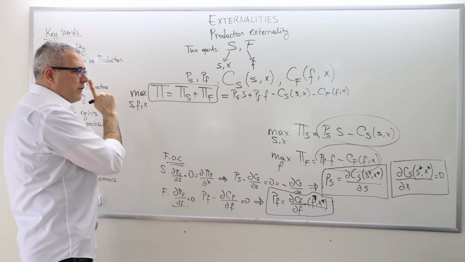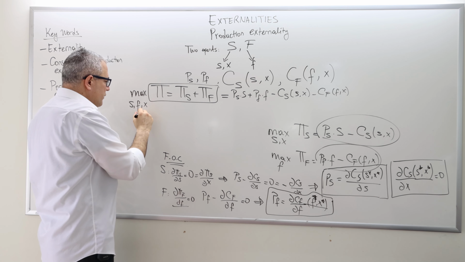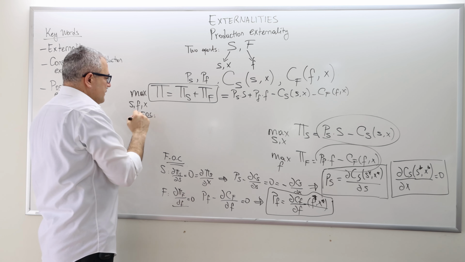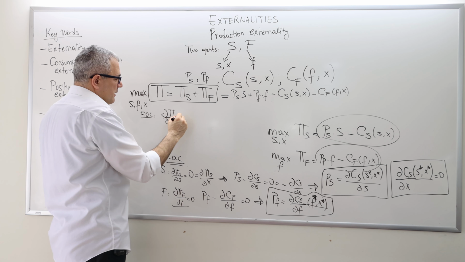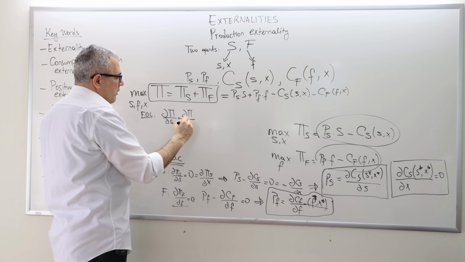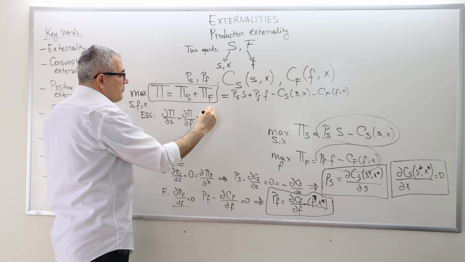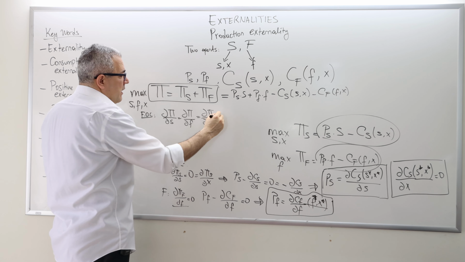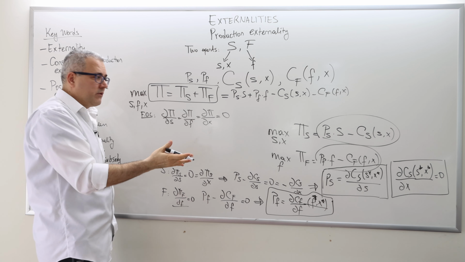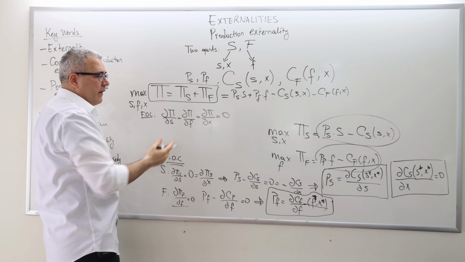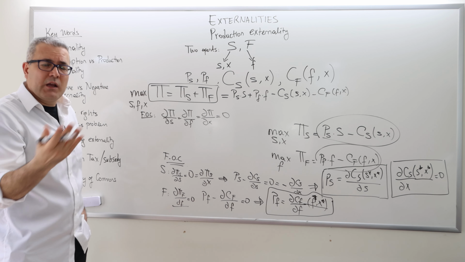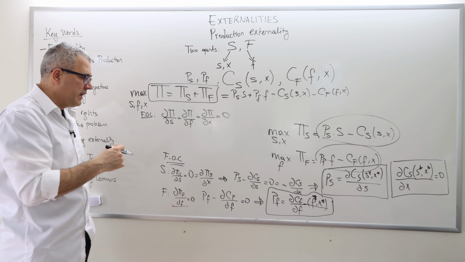So how do I solve this optimization problem? Well, the first order conditions, meaning the derivative of the pi with respect to S and the derivative of pi with respect to F and the derivative of pi with respect to X, they all have to be equal to 0. And therefore, I have to solve those three equations. I will have three equations once again.